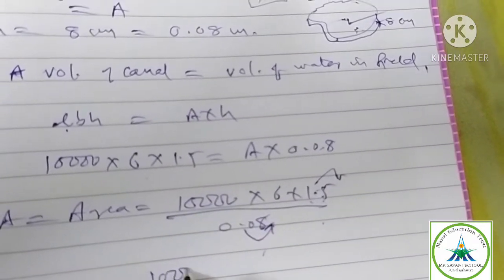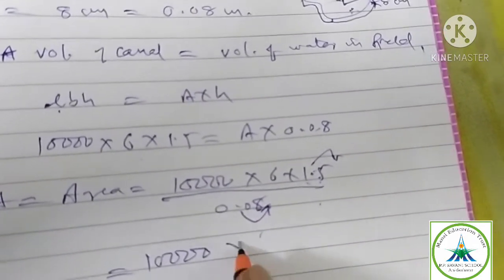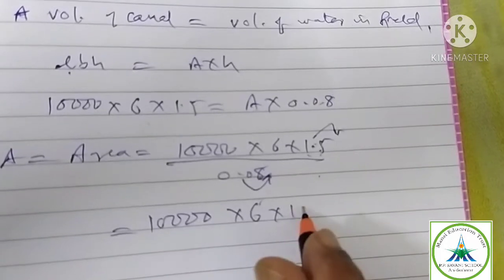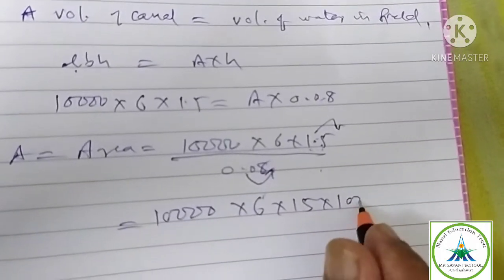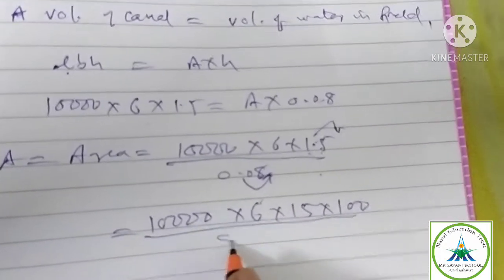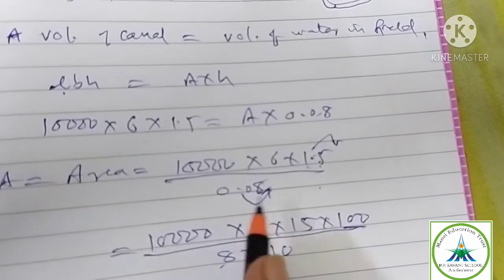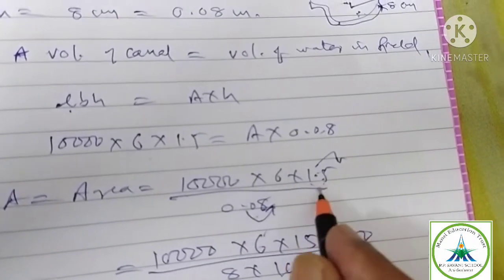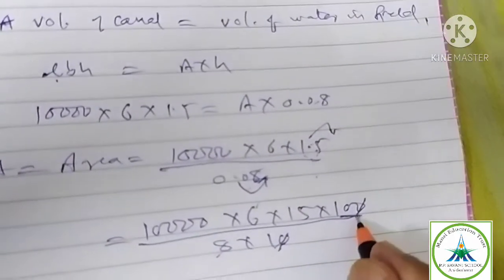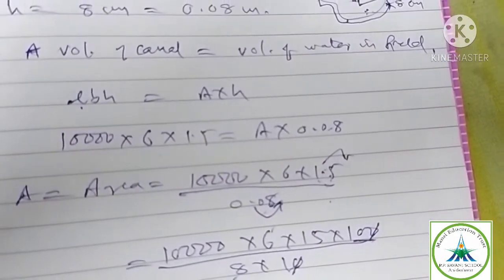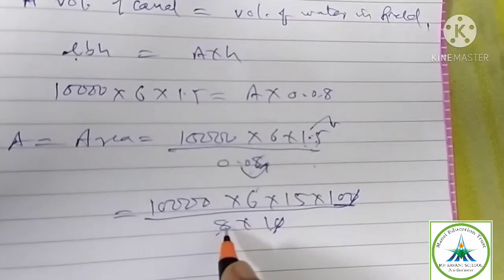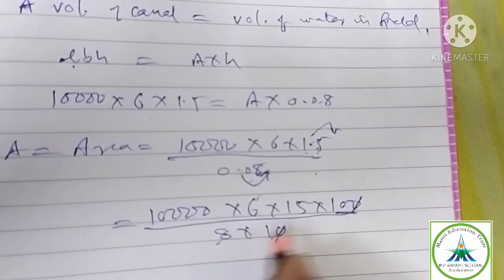We are getting now 10,000 multiplied by 6 multiplied by 15 multiplied by 100 upon 8 multiplied by 10. This 100 is because of 0.08 and the upon 10 is because of 15. So the zeros cancel.